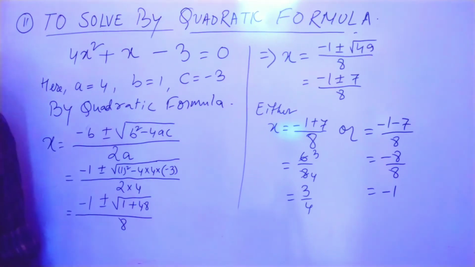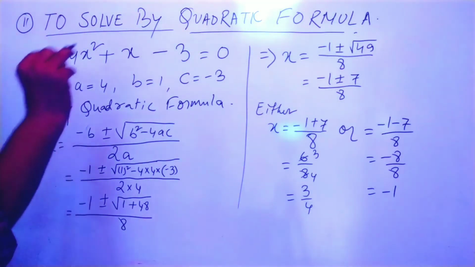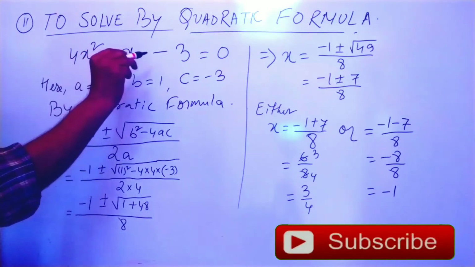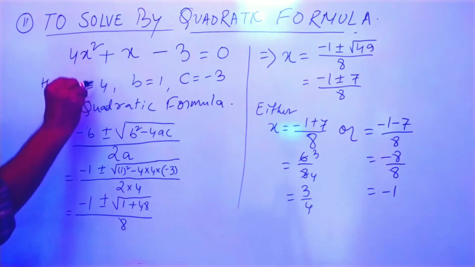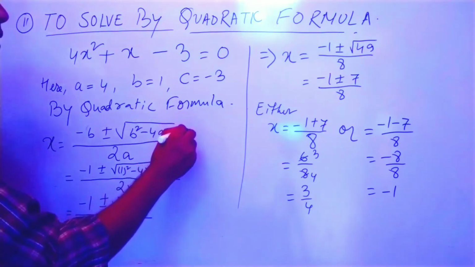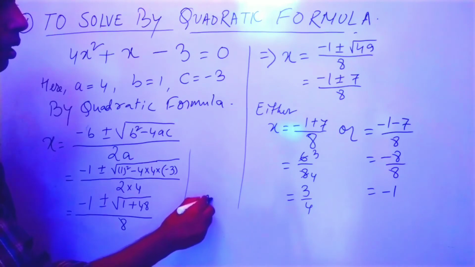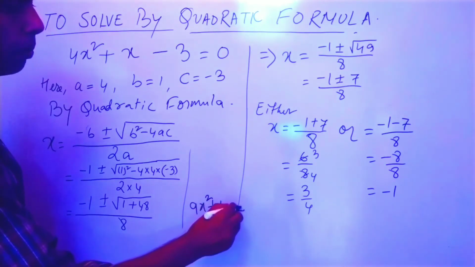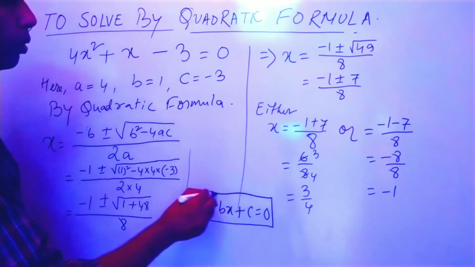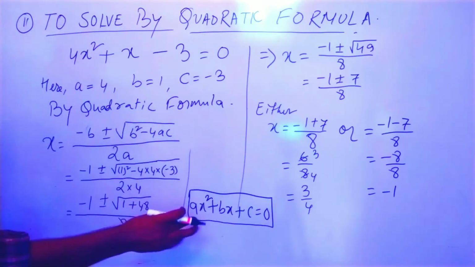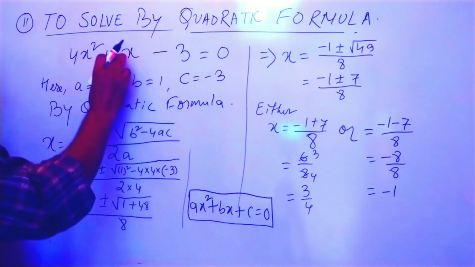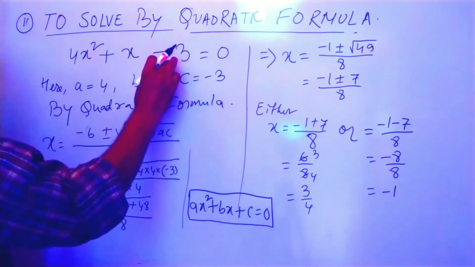Here we have the third method, to solve by the quadratic formula. We cite an example, 4x square plus x minus 3 equal to 0. We compare this equation with the standard quadratic equation, which is ax square plus bx plus c equal to 0, and we take the value of a as 4, value of b as 1 and value of c as minus 3.